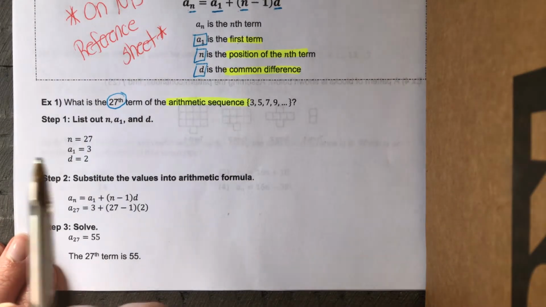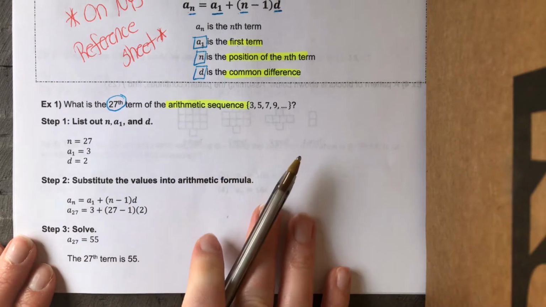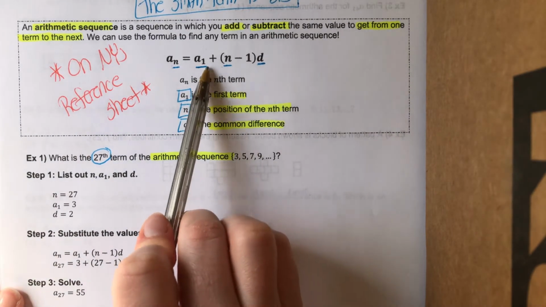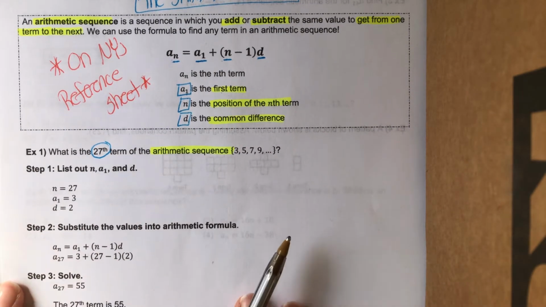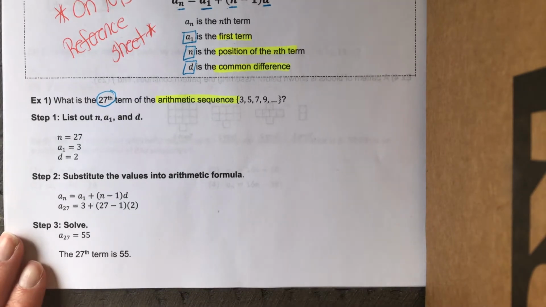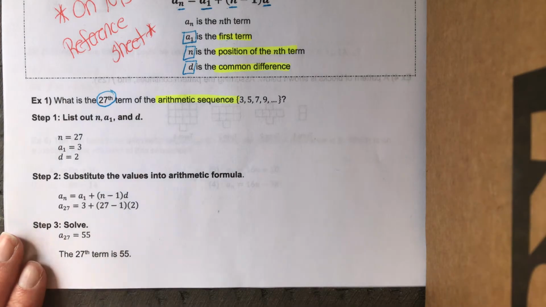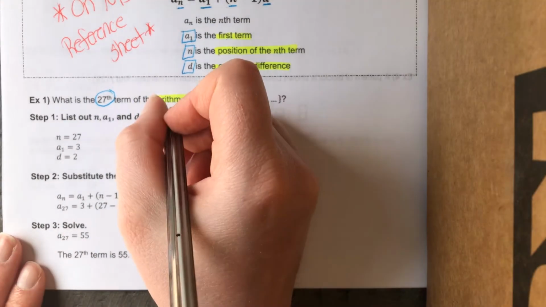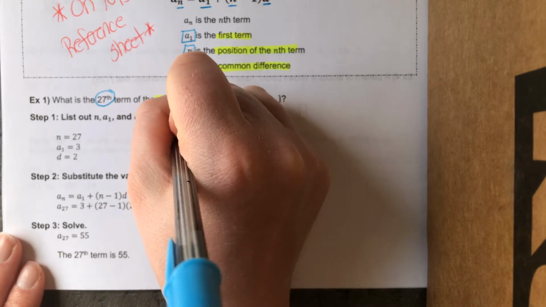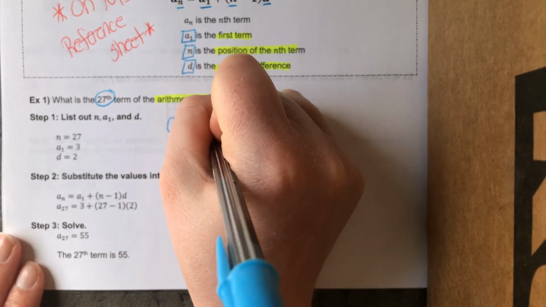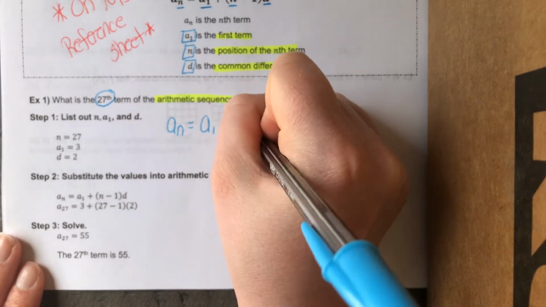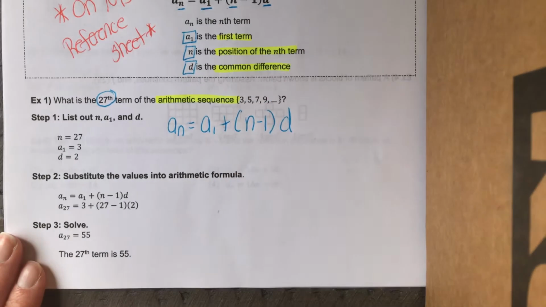Because I know it's this type of sequence, I know that this is the formula that I want to use to solve. Before we write the formula, they're just listing out all of that key information that I'm going to need to solve. So the formula is a sub n equals the first term plus n minus 1 times d.